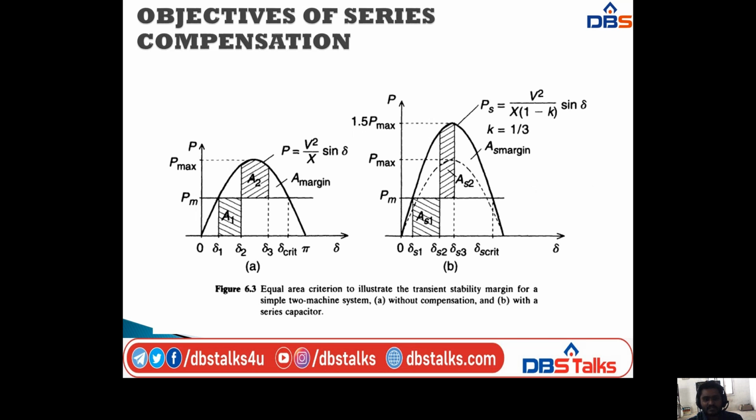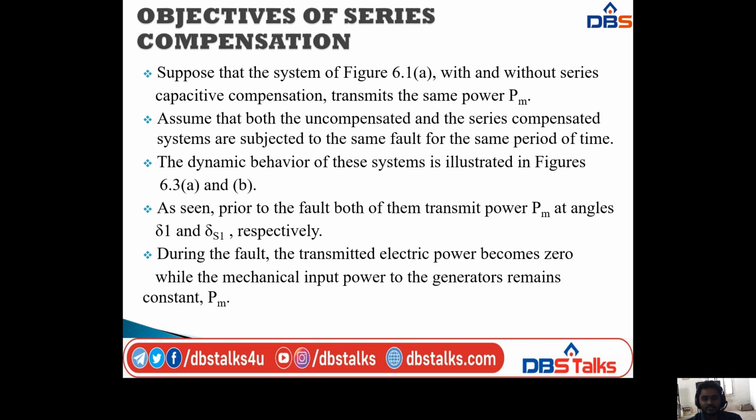In the first curve it is drawn at delta 1, and in the second curve at delta S1, giving the areas A1 and AS1. During the fault, the transmitted electric power becomes 0, while the mechanical input power to the generator remains constant at Pm.